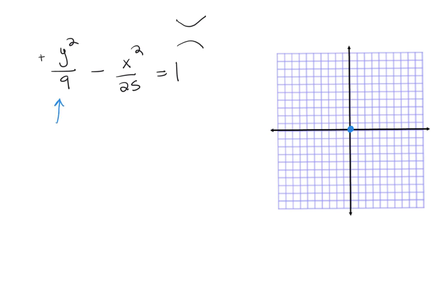So whichever one is first is where you get your vertices from. So from the center, we're going to go up 3 and down 3. And then the second term will give us our co-vertices. So I'm going to go left and right 5.